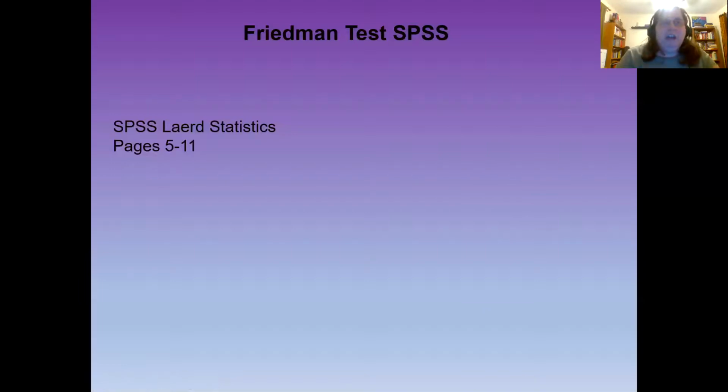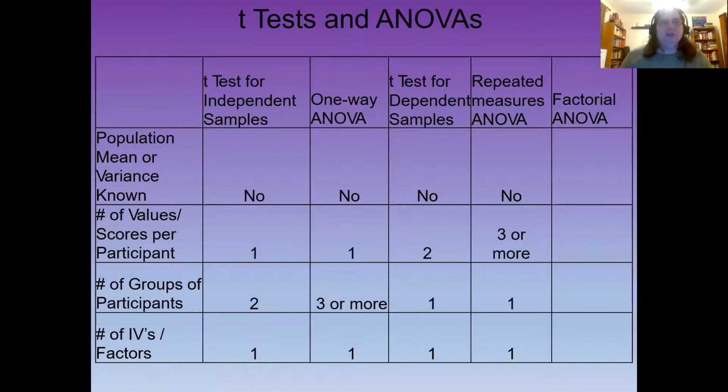Okay, so now we're back to our slideshow. We went through the Friedman, we went through the repeated measures ANOVA, and if you have been keeping up with that little table we've been creating, you can see how very similar the repeated measures ANOVA is to the t-test for dependent samples. Before we had 2 values per participant, now we have 3 or more.